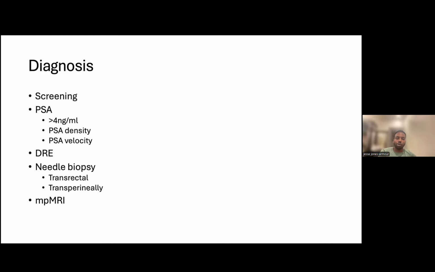You could also screen with DREs. Now, remember I said a lot of prostate cancer is very small on presentation, so you may not find it on DRE. But if you do find something, or the PSA is elevated, you would do a needle biopsy, which is a transrectal or transperineal ultrasound-guided core biopsy of the prostate.